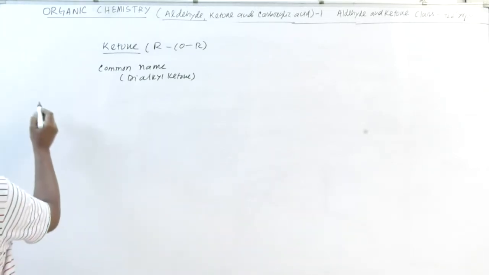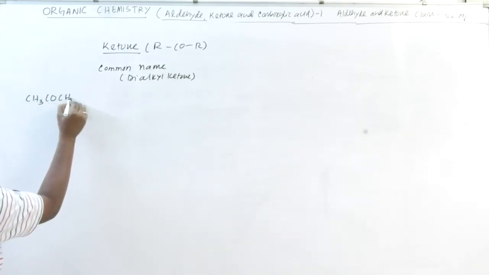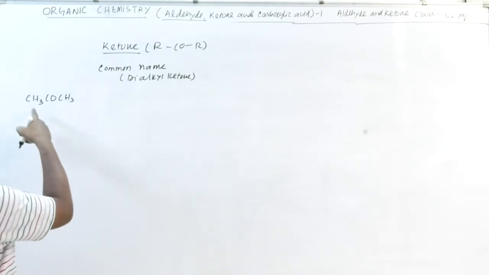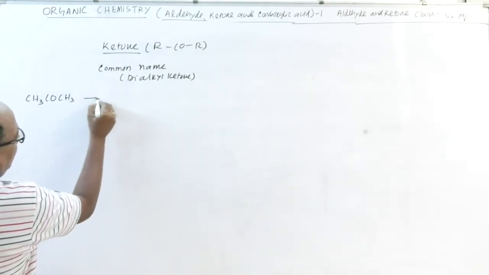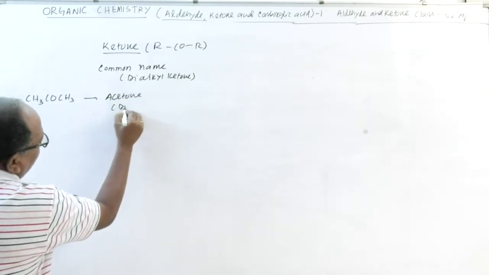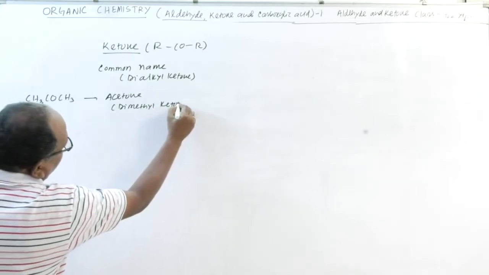For example, if you take CH3, CO, CH3, you know the ketone contains a minimum of 3 carbon atoms. This is very commonly known as acetone, or you can say dimethyl ketone.